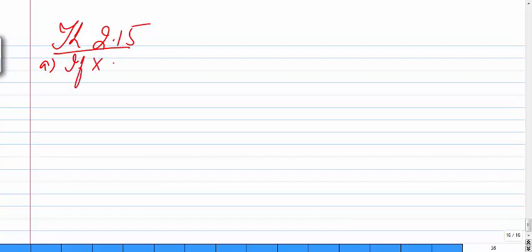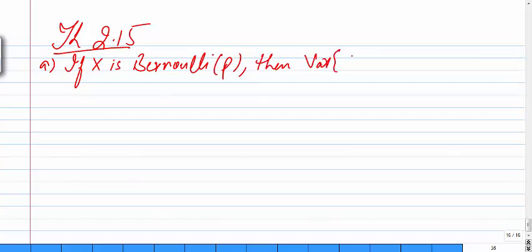Now we have theorem 2.15. This theorem tells us, the first one, if x is Bernoulli p, then variance of x is equal to p times 1 minus p.